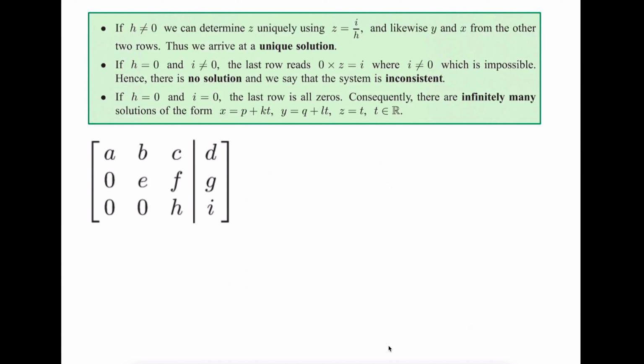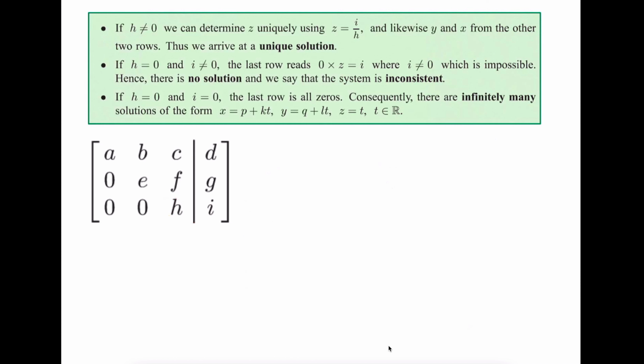So you can see I've just made it bigger there. What does that mean though? There are three possible outcomes, and the h they're talking about is this spot here. If that value there is not equal to 0, then we can work out what the value of z must be.